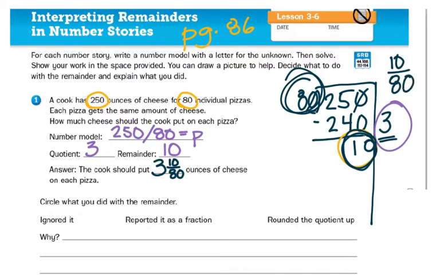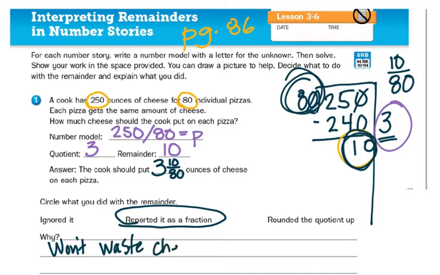And that's another way to write the remainder. We reported it as a fraction. Why? We won't waste cheese. We can divide up that little bit of cheese into a fractional amount.